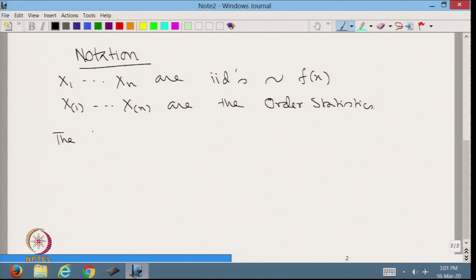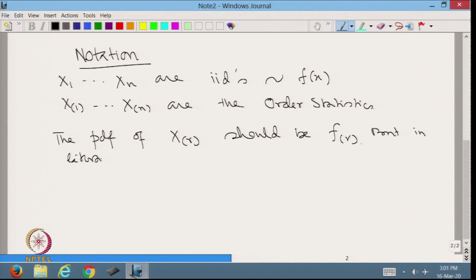The PDF of X(r) should be f_r, but in literature you may find both f_r and f(r) with the parenthesis.